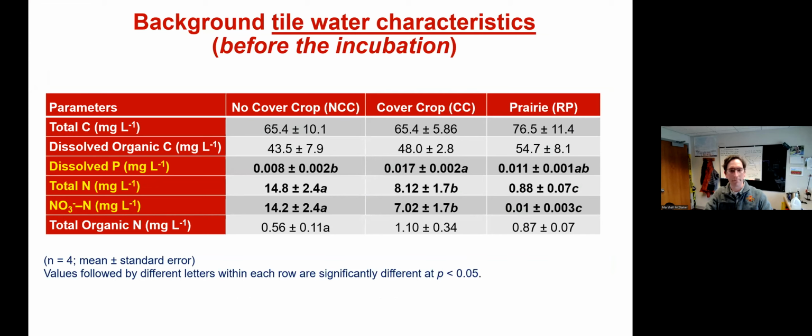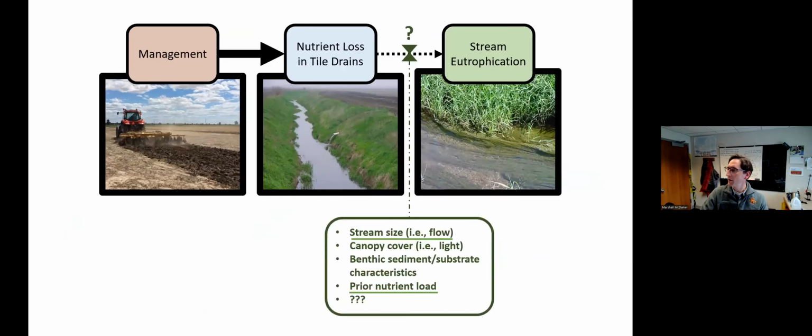So there was a question: prairie doesn't need to be tile drained, so is comparing tile output from prairie to cover crops a true control, or is the argument that tile is a proxy for natural subsurface flow? Yeah, the way we were thinking about it is with this three-step, right?